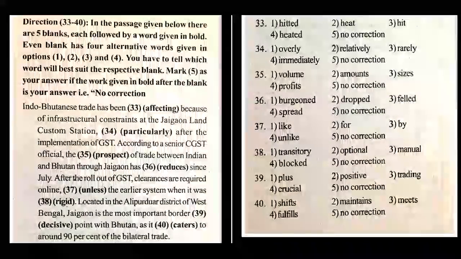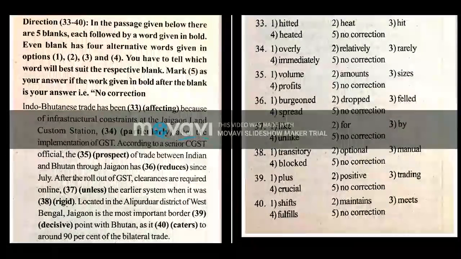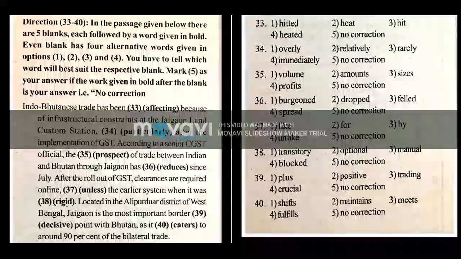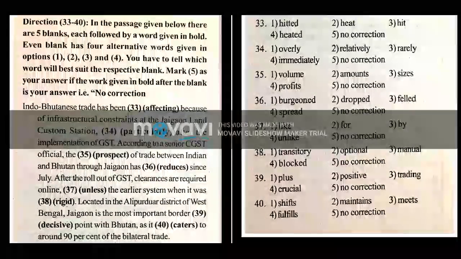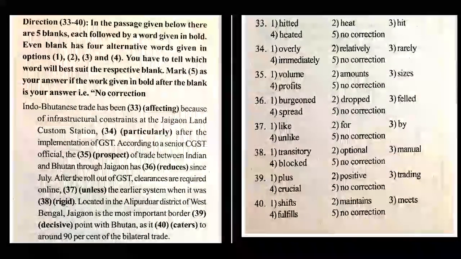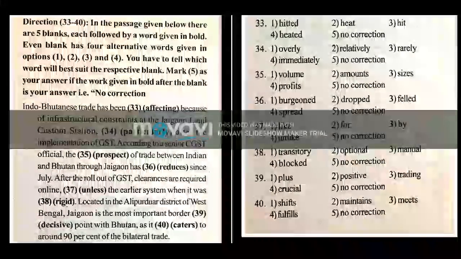Now we have 2 and 3. Option number 3, failed. FELL, it can be used in two different ways. One, as the past form of fall, जिसका मतलब गिर जाना. Okay, and please remember that we need the V3 form. Fall का V3 fallen है, FALLEN, not failed. So now it is eliminated. Option number 3 is eliminated.